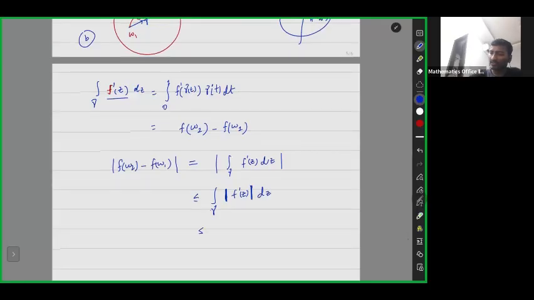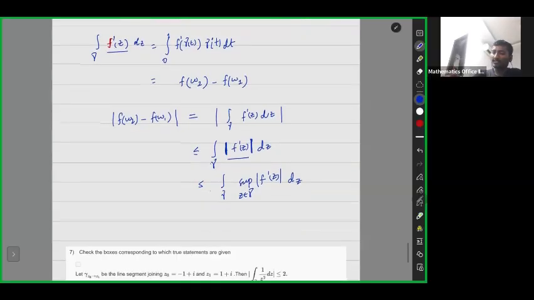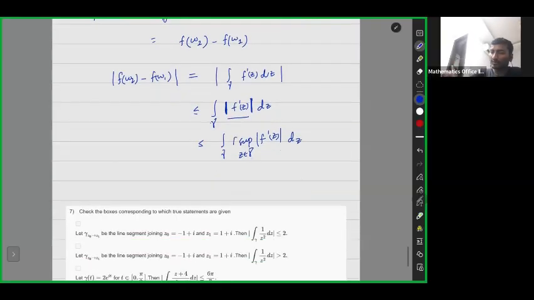So this is less than or equal to, now, z is varying, but we can take the supremum of the modulus of f prime z over gamma, times dz. We can in fact take the supremum over the whole disk D, which will be bigger.